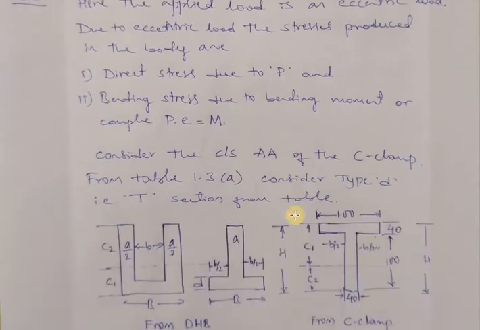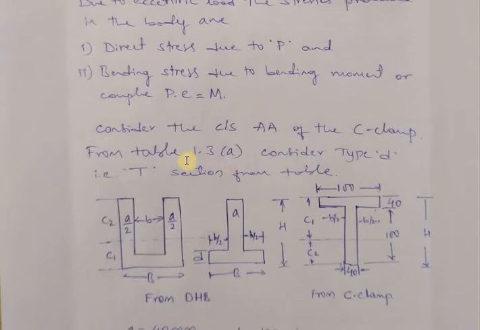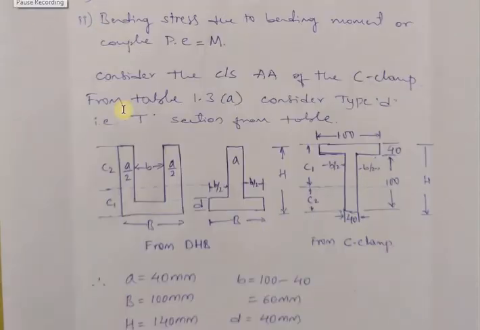You have to open the data handbook and refer to table number 1.3A. In that, if you go for type D, you will get a T section from the table. These figures you can find in the data handbook.